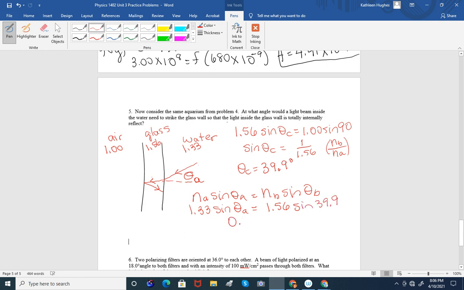Same thing I've been doing. I'm going to solve for theta A. 1.56 sine 39.9. Close those parentheses, divided by 1.33. Take the sine inverse.